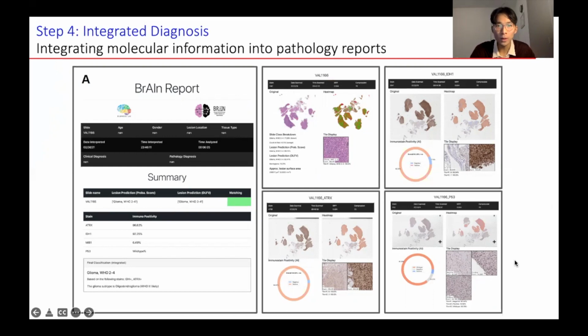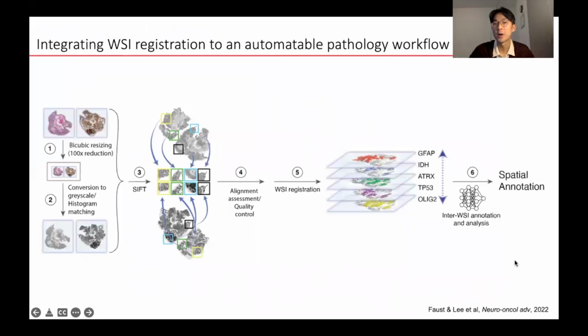And just to summarize everything I've talked about today, this workflow essentially summarizes a lot of the steps, especially the steps regarding SIFT and alignment and integrating different immunohistochemistry stains into our workflow, which was the major breakthrough last year when I was working on this project and in our manuscripts that we have recently submitted and been accepted.